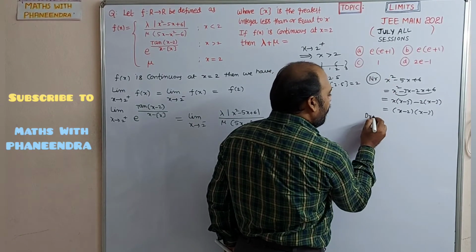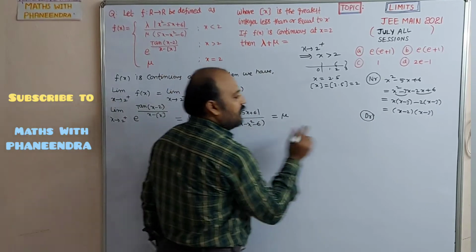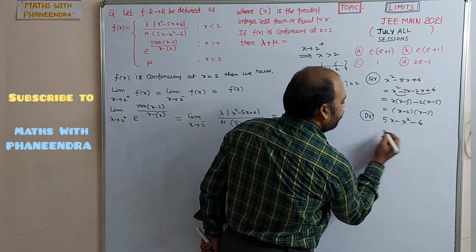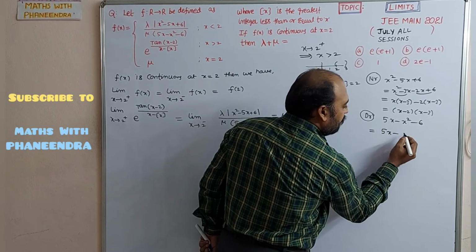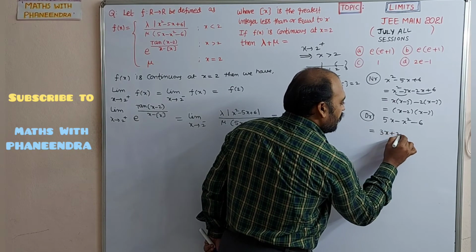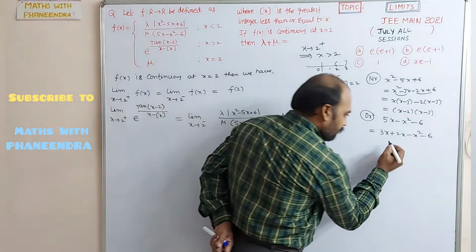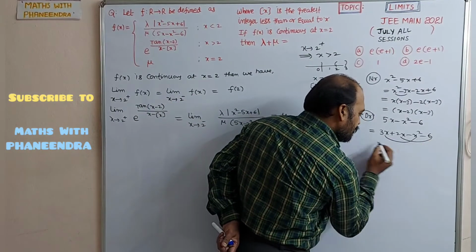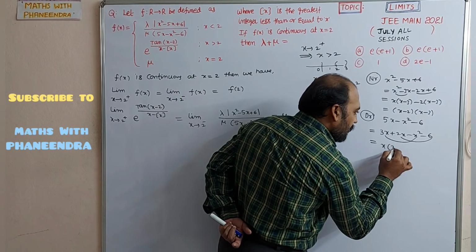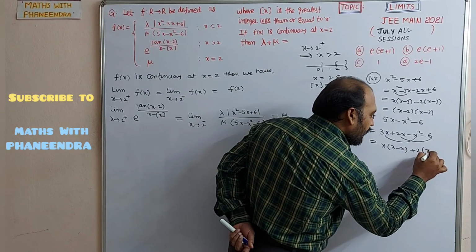In the denominator value also we will write it. Denominator value 5x minus x square minus 6. So 5x can be written as 3x plus 2x minus x square minus 6. From these two, take common x into 3 minus x, plus 2 into x minus 3.